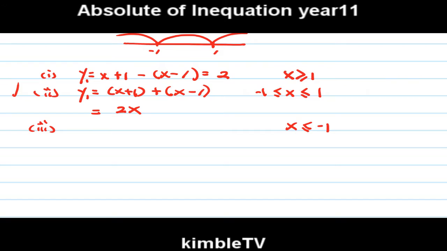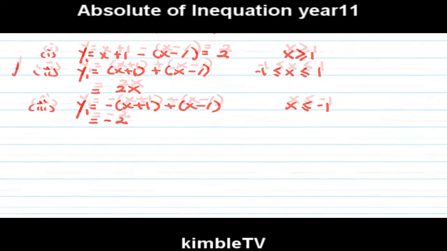In this case, all are negative, so y1 equals minus x plus 1 minus plus x minus 1. Therefore, cancel and minus 2. Okay, y equals minus 2, correct.